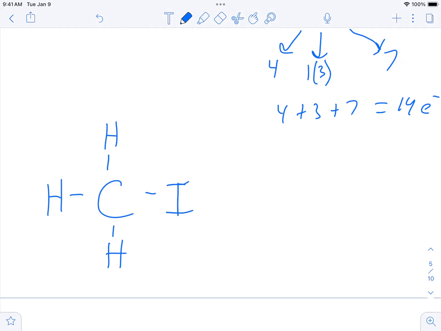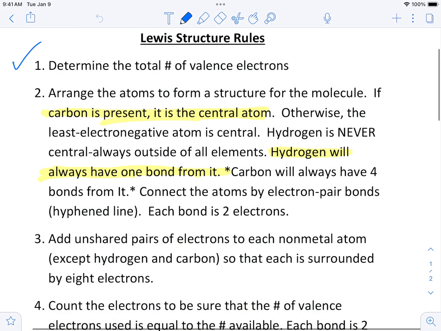So I knew that I had to go there. I also know that most of the time, not all of the time, but most of the time, carbon will have 4 bonds from it. Again, it's not always, there are exceptions, but a lot of times that holds true. And then we connected all the elements together.